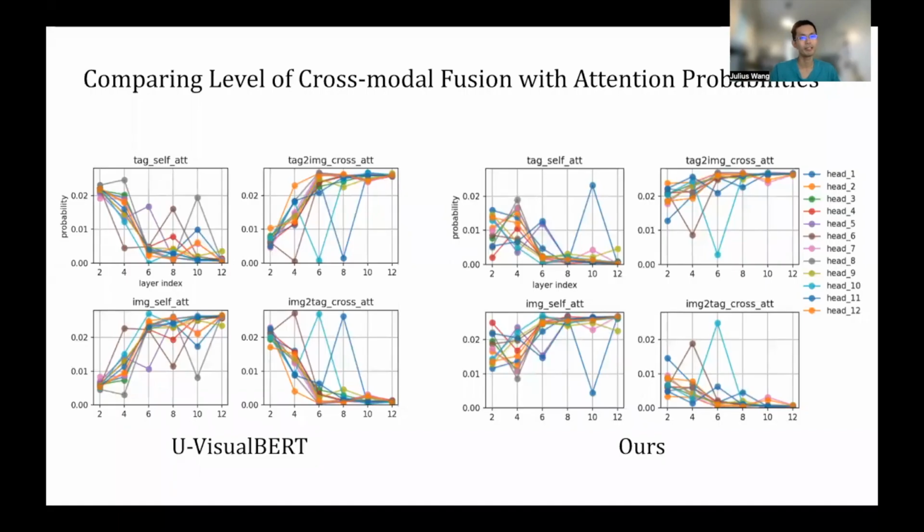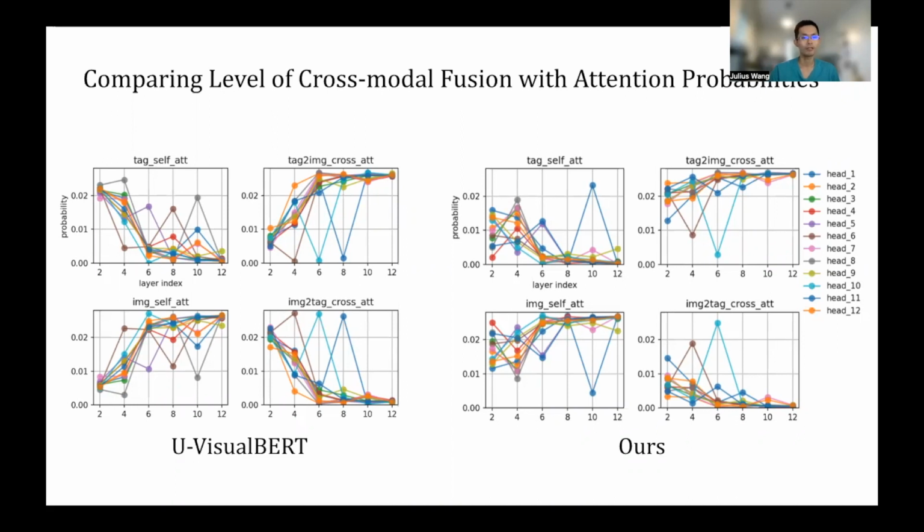Now, we compare the level of cross-modal fusion with attention probabilities to analyze different behaviors of U-VLP and the proposed model. Over each plot here, the x-axis shows the index of the transformer layer, and the y-axis shows the attention probability values.